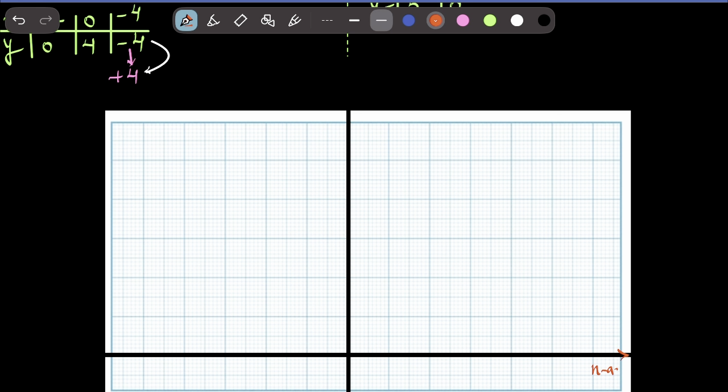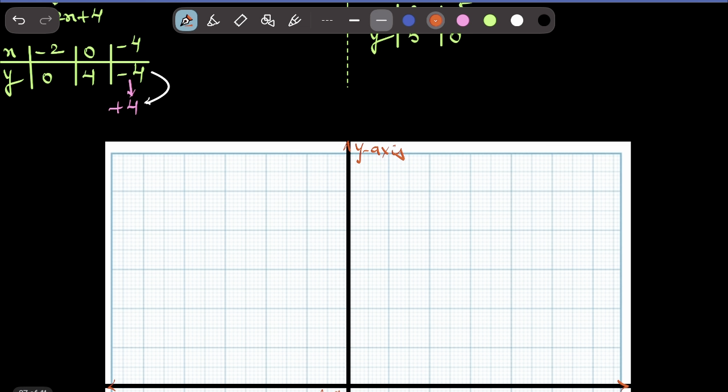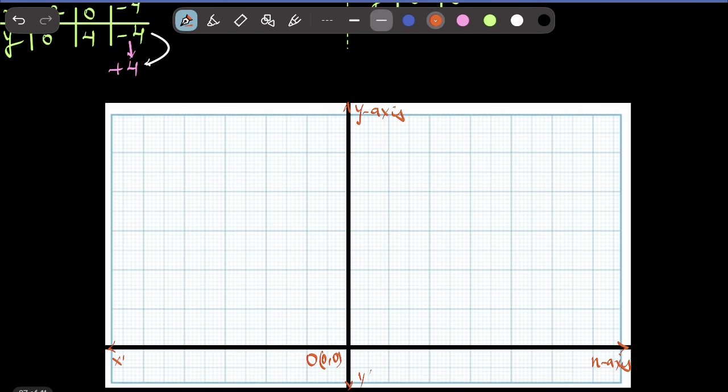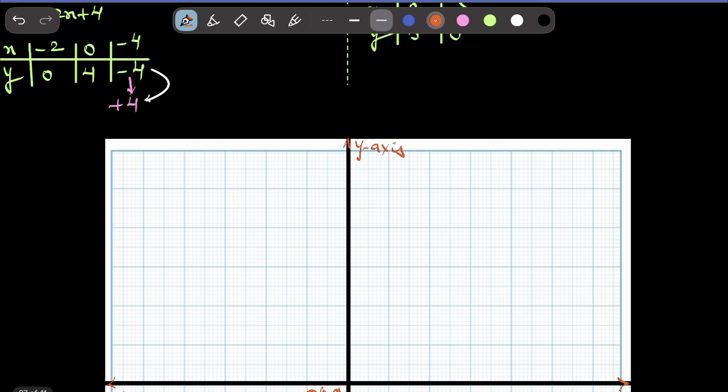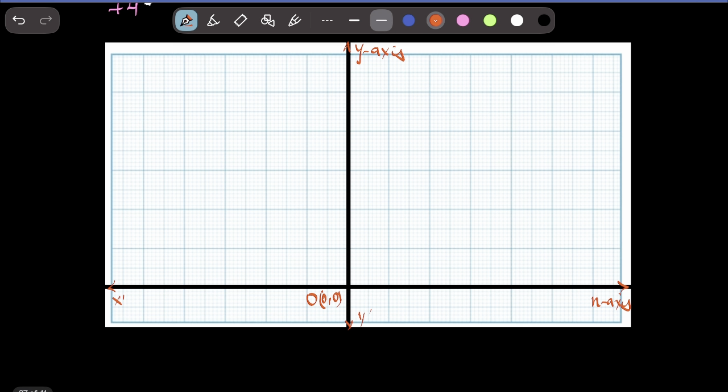This is your x-axis, x dash, y dash, and y-axis. Okay, so now this is your origin 0 comma 0. We need to plot a few points. The first point is minus 2 comma 0. 2 points equals 1 centimeter. So I will plot minus 2 comma 0. So let's say this is your minus 2 comma 0.